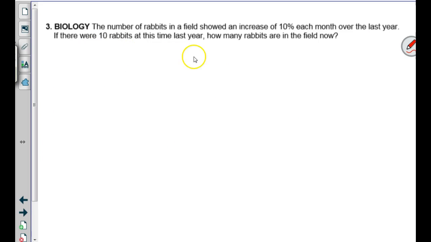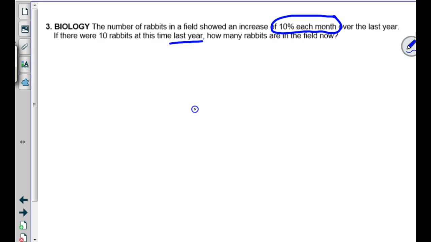Number 3, the number of rabbits in a field showed an increase of 10% each month over the last year. If there were 10 rabbits at this time last year, how many rabbits are there now? So what do we have to be careful of? Yes, so each month and last year.